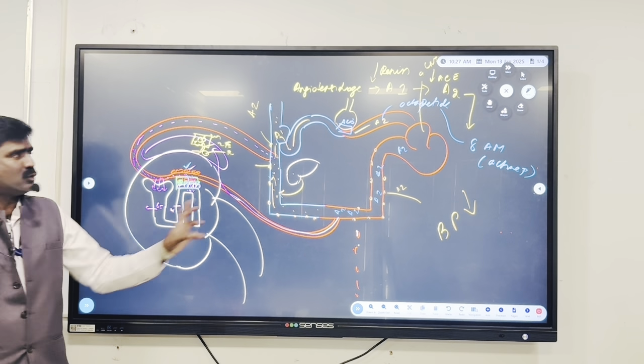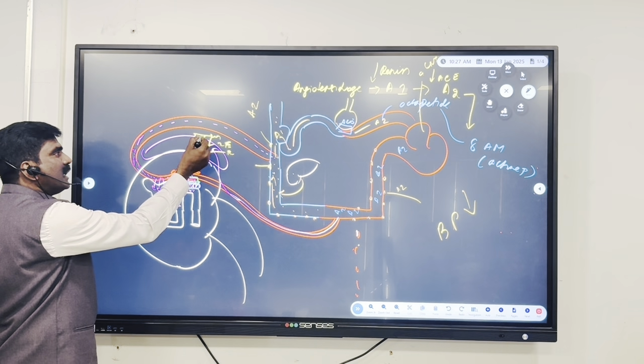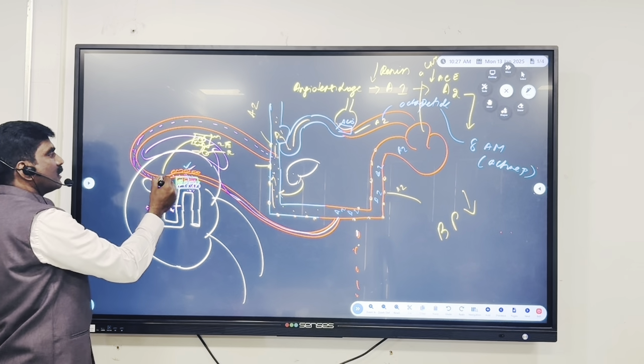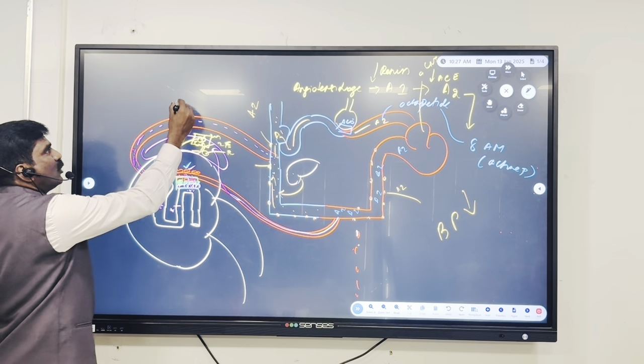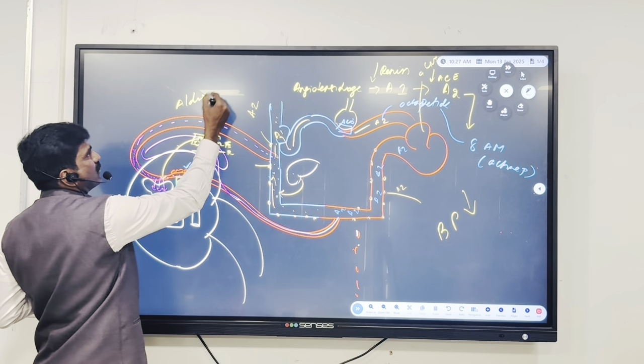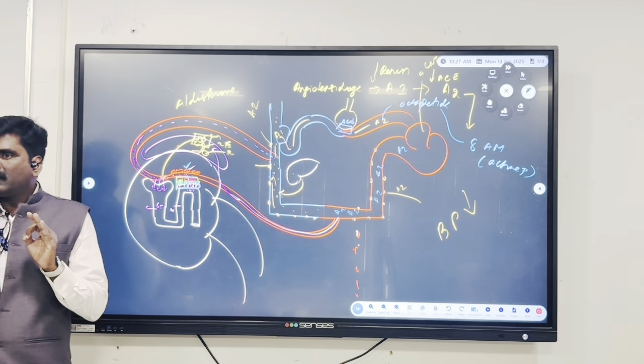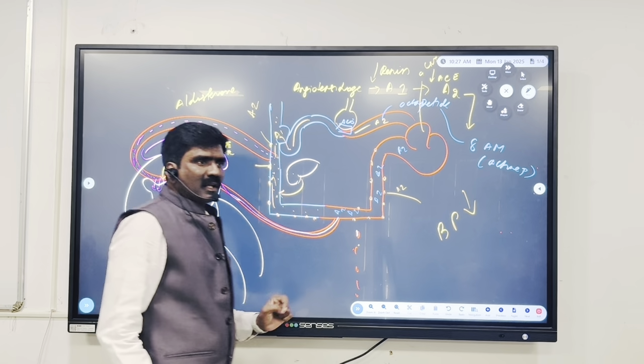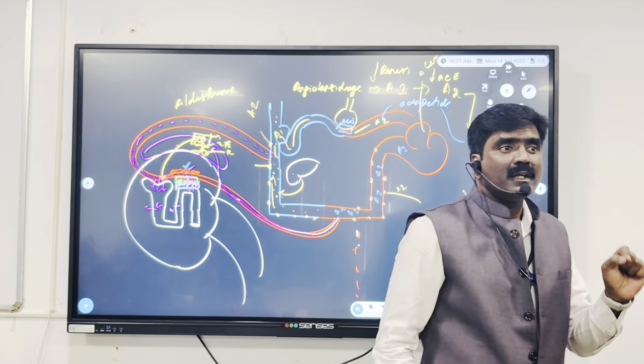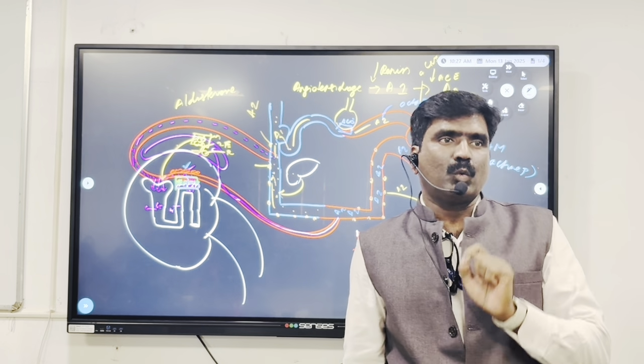Now the zona glomerulosa will release aldosterone in the presence of A2.